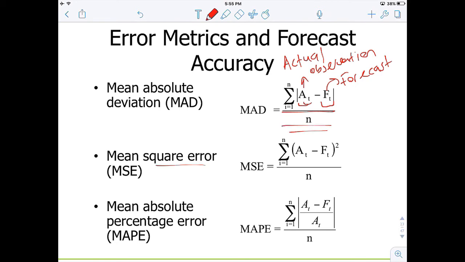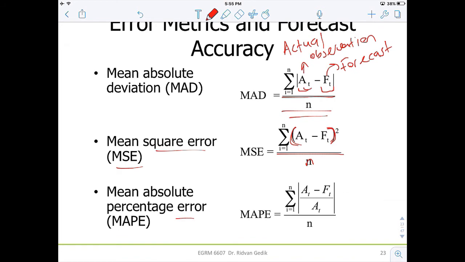Because we will have the n observations. For the mean square error, you penalize this difference more, because you take the error squared divided by n. Mean absolute percentage error shows, with respect to actual data, how much we are deviating from the actual data.